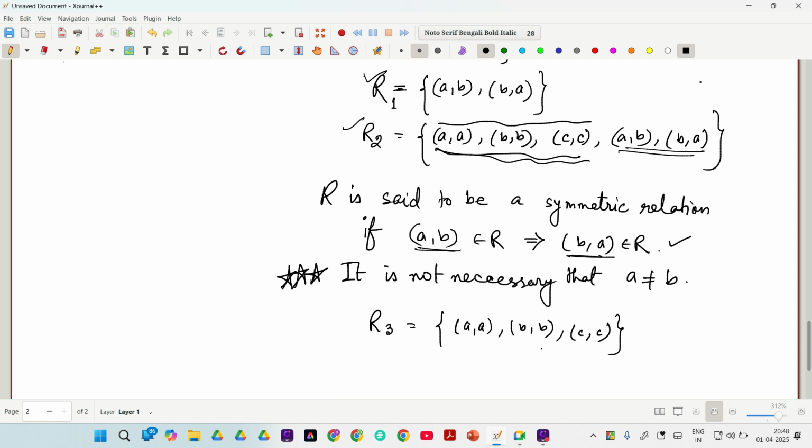How is it not satisfying? Explain to me. Sir, it is a reflexive relation. So what? I know that. But why is it not a symmetric relation? Can you mention some A comma B for which B comma A does not belong to R? Can you find some A comma B? Remember how we proved that phi is a subset of A.